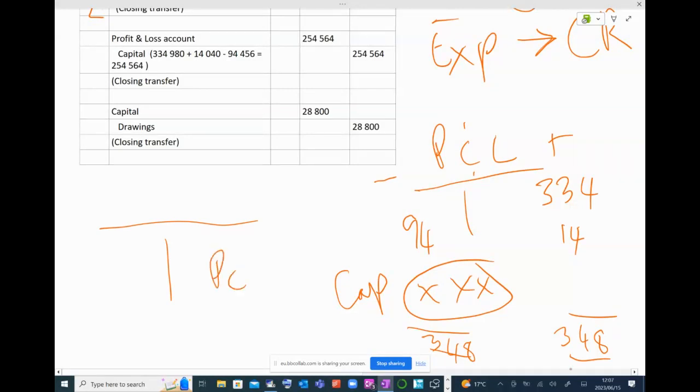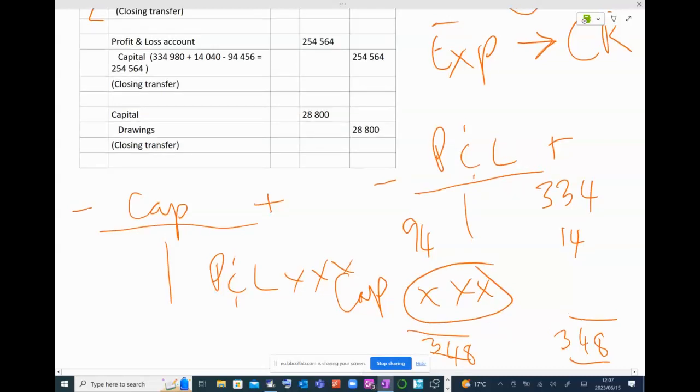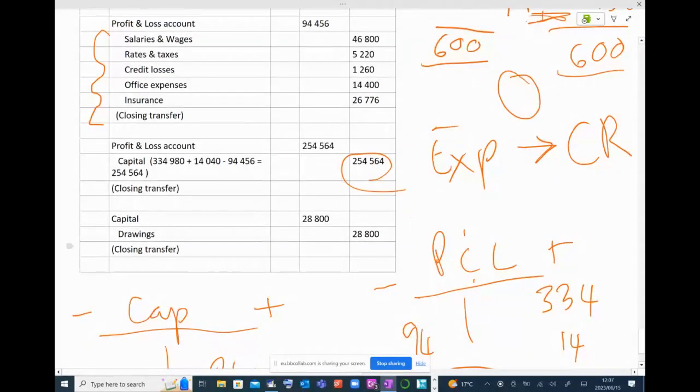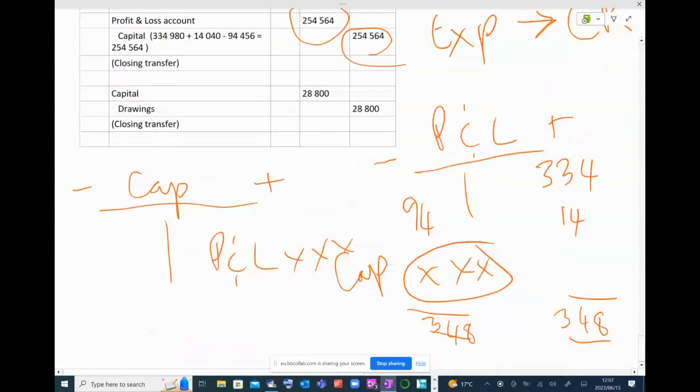And here it will be profit and loss. This is the capital account. Capital increases on which side, guys? Credit side, and decreases on the debit side. And there, can you see? So we credited capital, you can see that there. And obviously we debited, as we did over here, we debited the profit and loss.